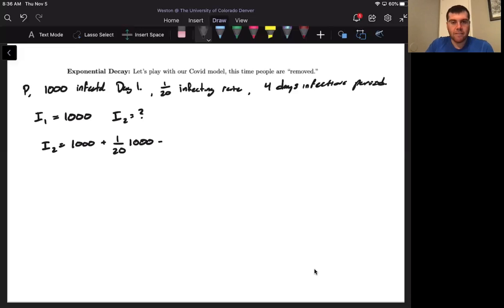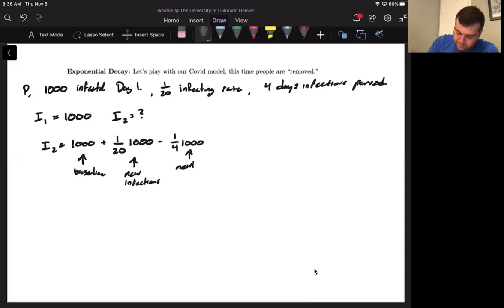So it's a safe assumption to think that 1/4 of all the people will not be infectious the next day. So this is our baseline. This is new infections. And this is newly non-infectious.